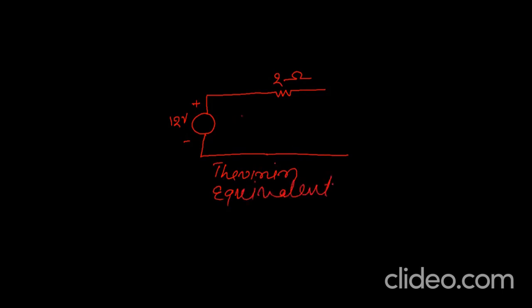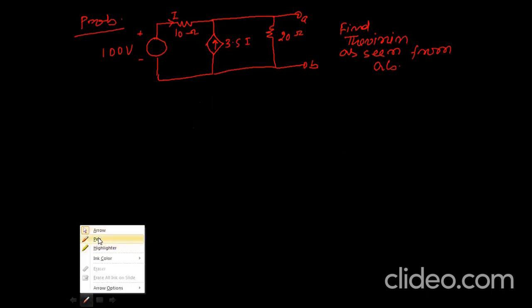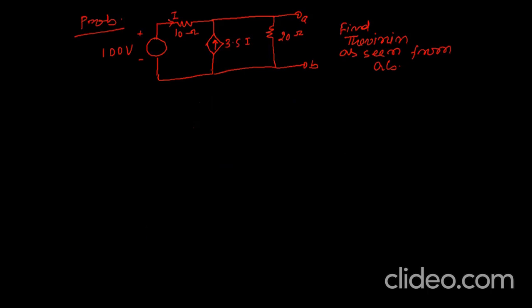Now we see one more problem based on dependent sources, when dependent sources are there. So for dependent sources, the problem is with the calculation of RTH. The problem is to find the value of RTH.